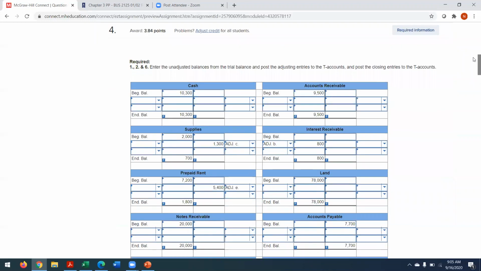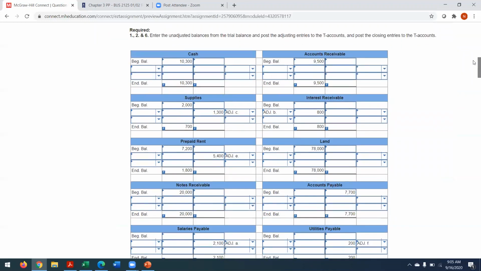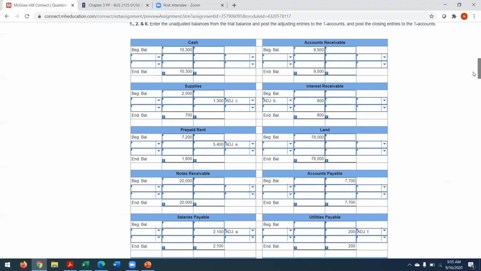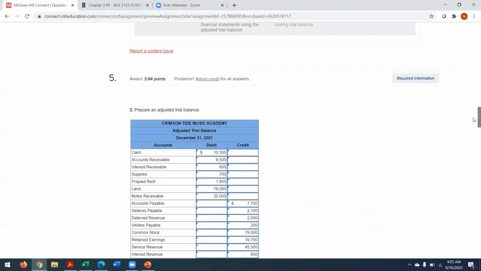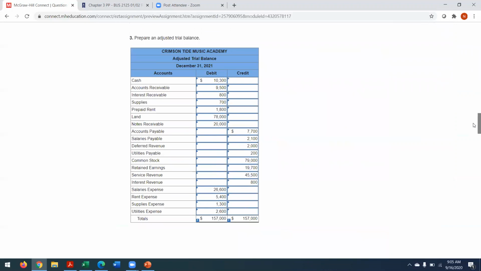So once you do that, we've got new balances. All the new balances in these accounts will then be used to create the adjusted trial balance.